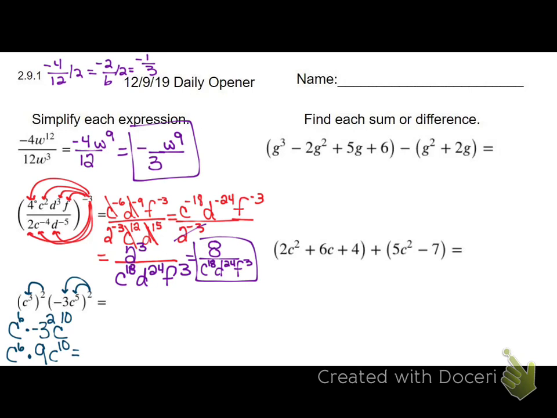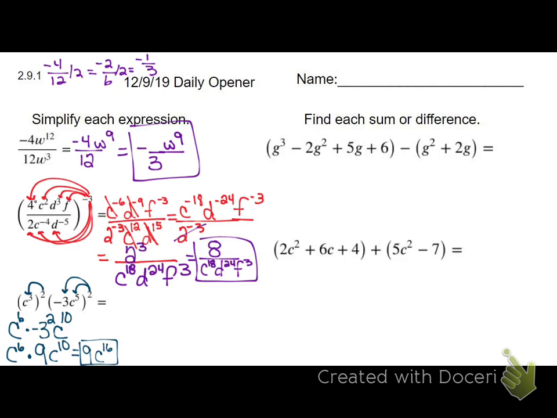So I'm going to multiply my exponents. Now, 9 is called a coefficient. Anytime a variable is by itself, what's the coefficient that's there? 1. So we're going to multiply our coefficients together. So 1 times 9 is 9. And then when I multiply exponents, what do I really do with them? Add them. So that's going to equal c to the 16th power. Perfect. Okay.